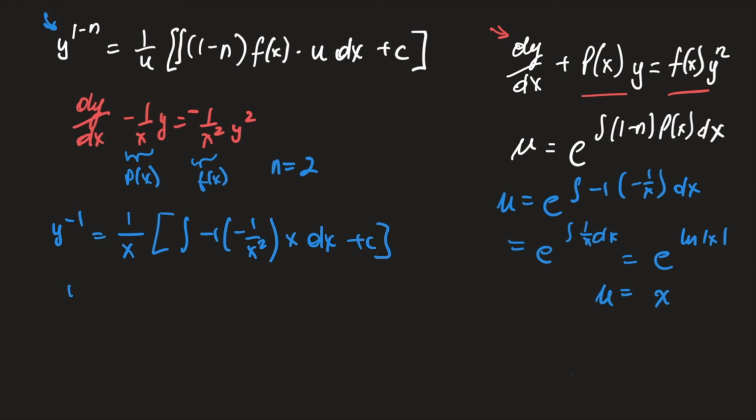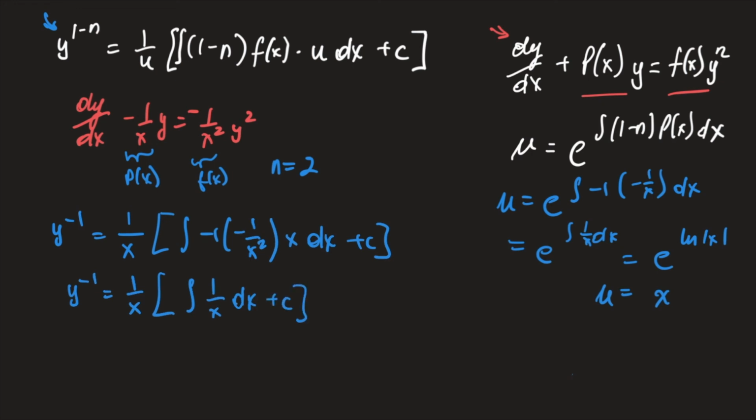Now we're going to simplify, so we have y to the negative first power is equal to 1 over x times the integral, two negatives make a positive, x divided by x squared is 1 over x, dx plus c.